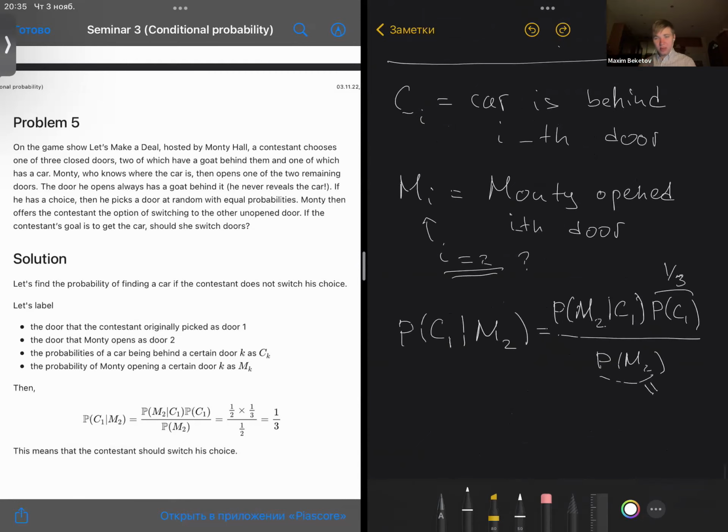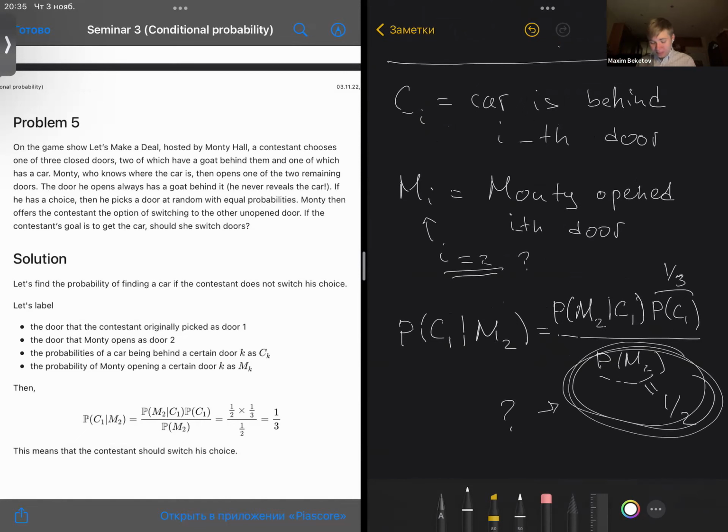But there's a problem with that, because in Monty Hall he always opens a door where there is a goat, right? So I actually disagree with this part of the solution, to be honest.